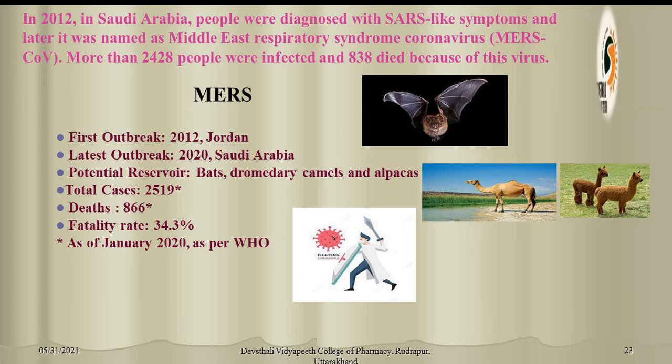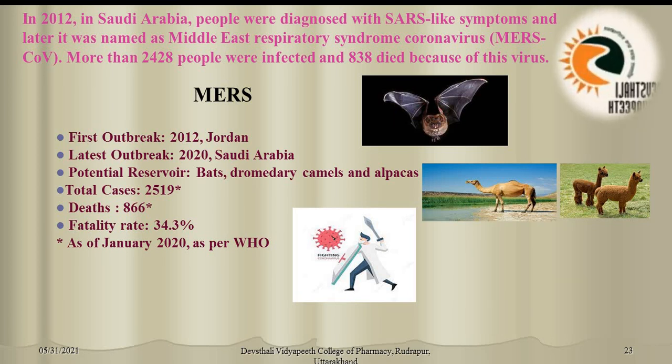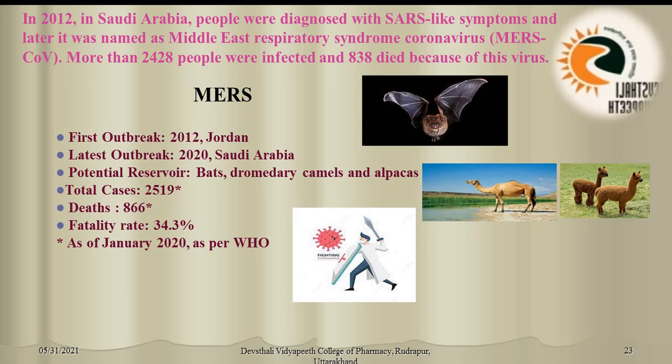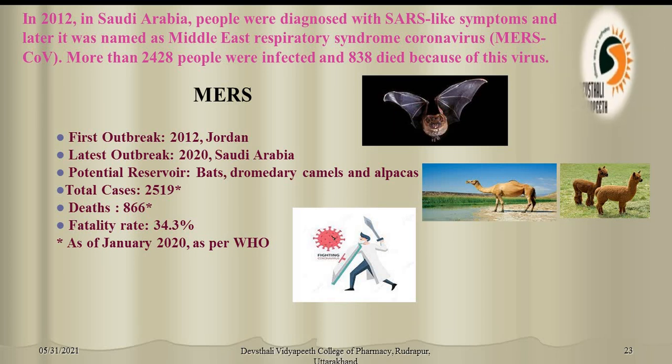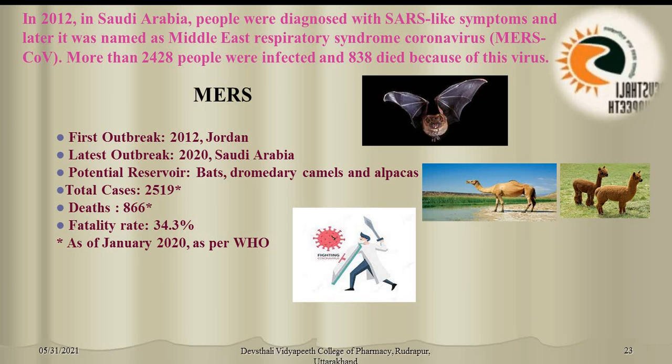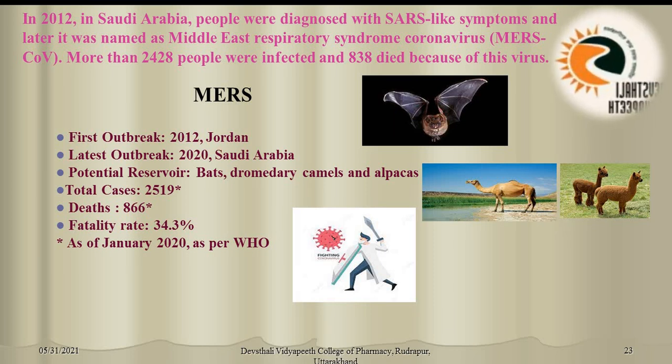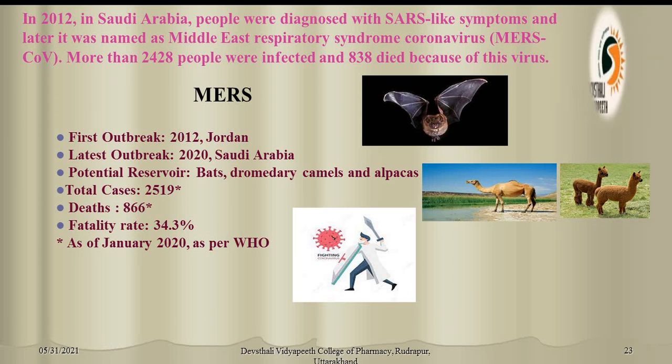More than 2,428 people were infected and there were 838 deaths because of this virus. The first outbreak was in 2012 in Jordan, and the latest outbreak of MERS was reported in 2020 in Saudi Arabia. The potential reservoirs for this infection are bats, dromedary camels, and alpacas. As per 2020 data by WHO, the fatality rate was about 34.3%.